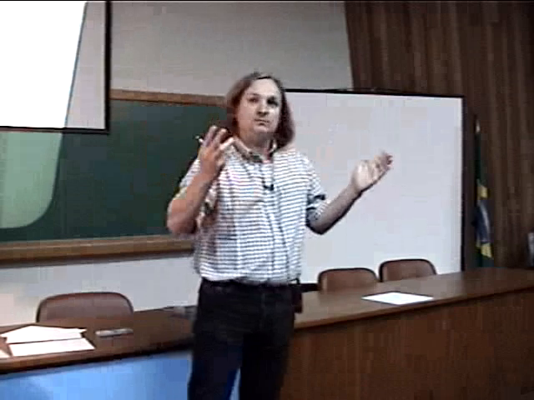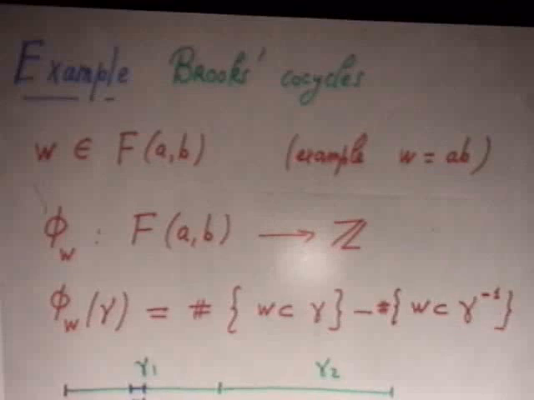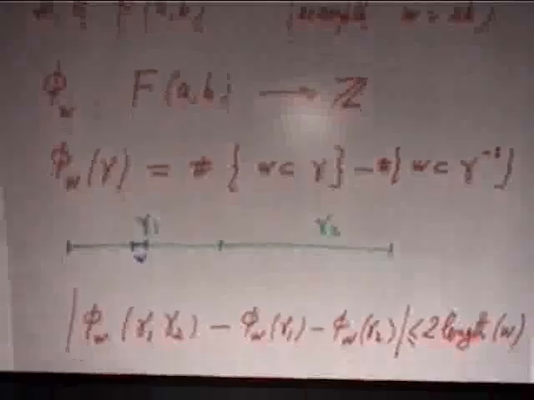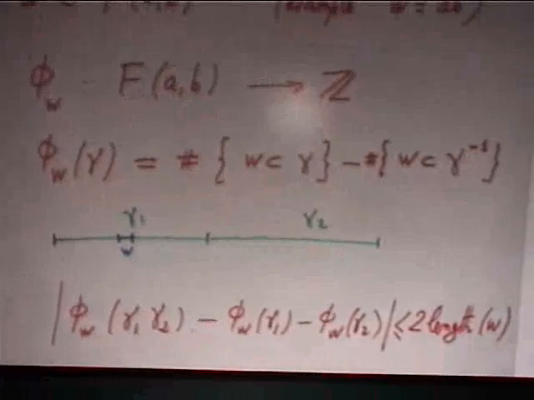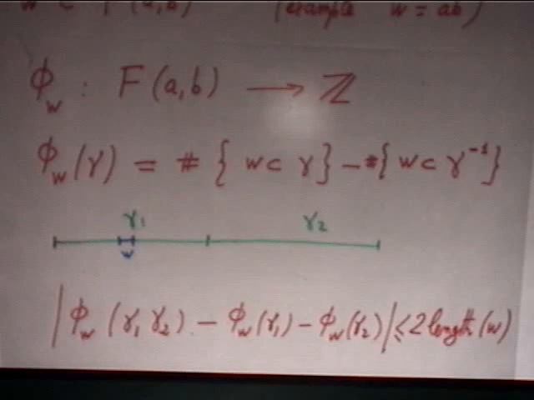This is the definition. And I claim that obviously this is a quasi-homomorphism. Why? Because if you have a word gamma 1 and then a word gamma 2, if you scan for W inside gamma 1, gamma 2, you will count how many times W occurs in gamma 1, then the number of times W occurs in gamma 2, but maybe you will miss the few possibilities where W overlaps between gamma 1 and gamma 2.